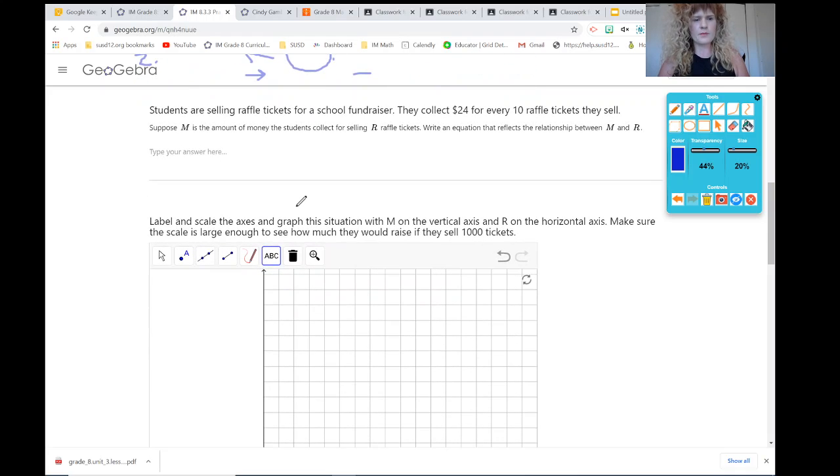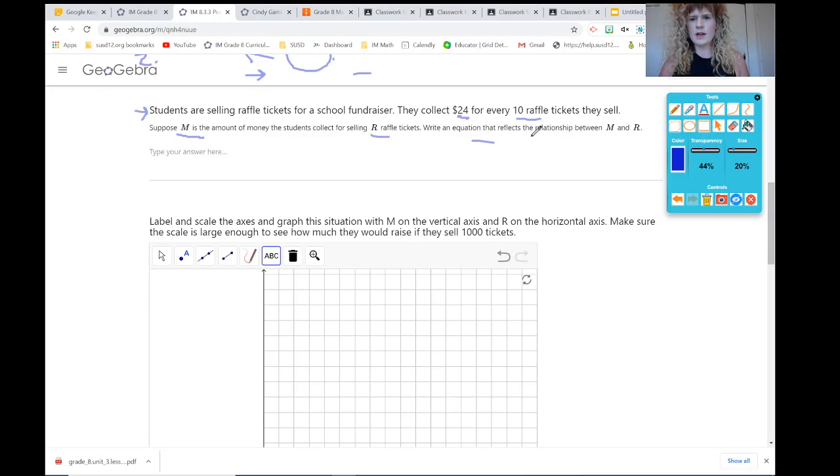Let's go on to the second problem. Problem number 2. Students are selling raffle tickets for a school fundraiser. They cost $24 for every 10 raffle tickets they sell. Suppose M is the amount of money the students collect for selling R number of raffle tickets.